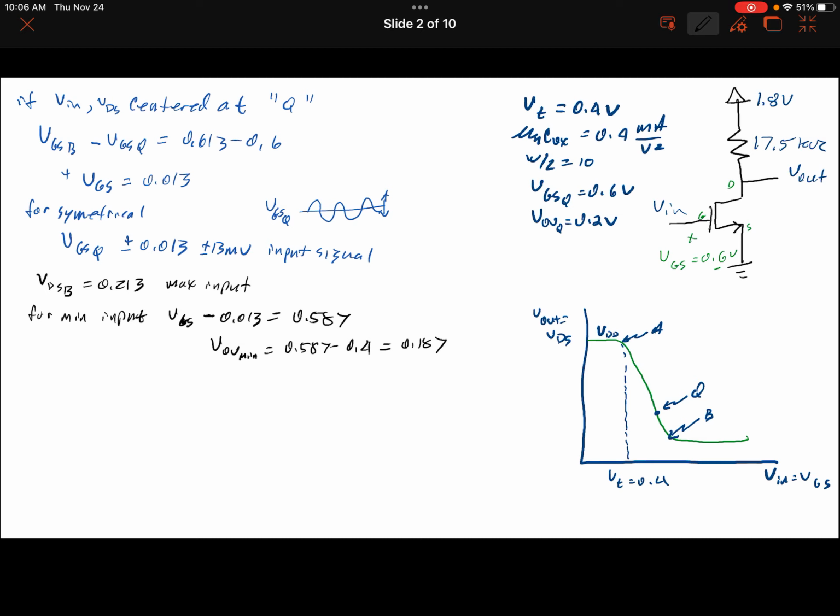And so then we've got a current of 1/2 mu n Cox W over L V overdrive squared. If we put those numbers in, 1/2 times 400e-6 times 10 times 0.187 squared, we get 69.9 microamps.